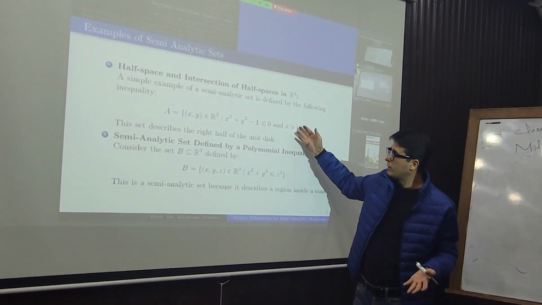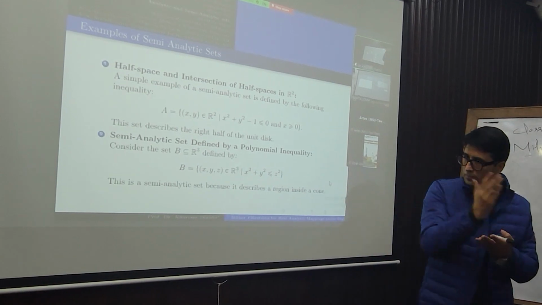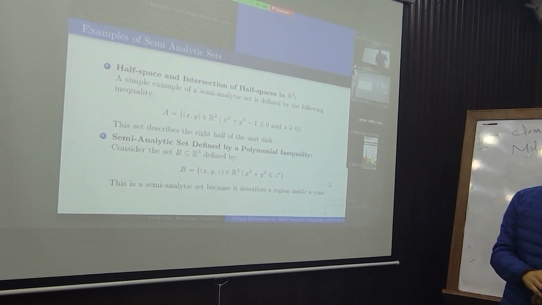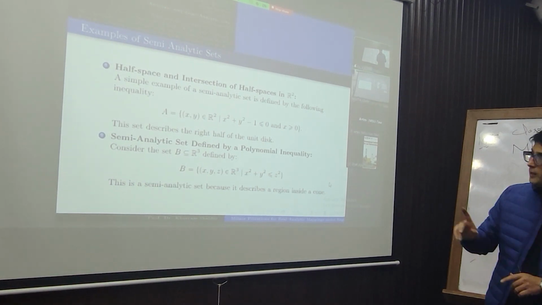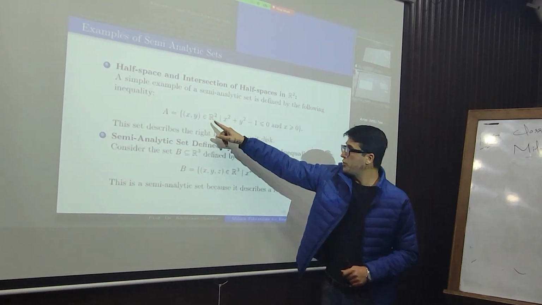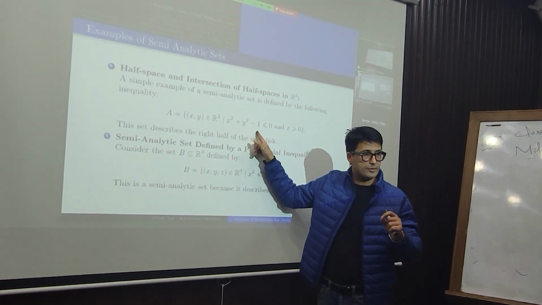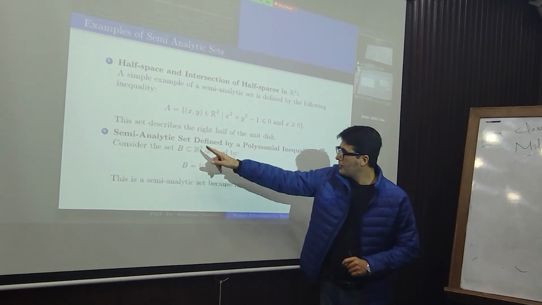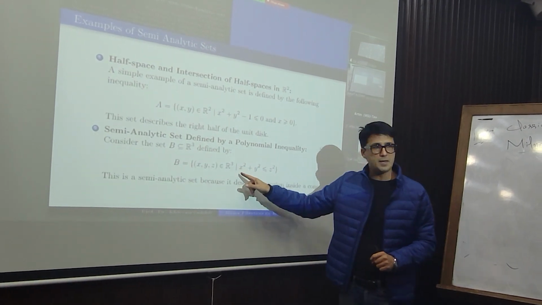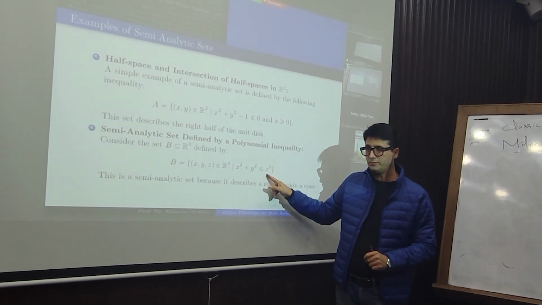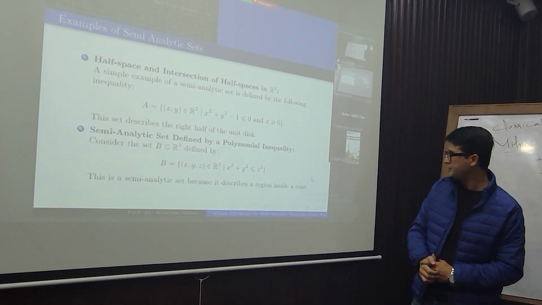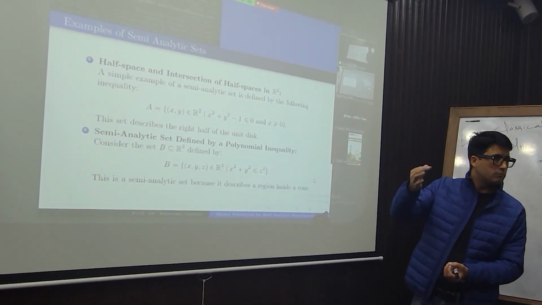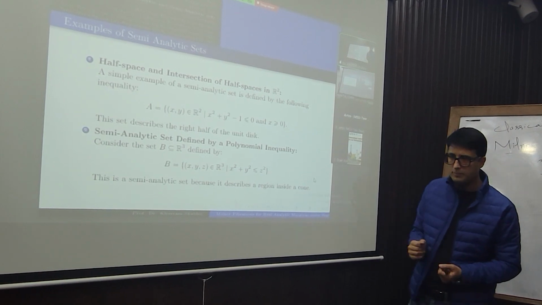So what is this part? This is just a half unit disk, right? This is an example of a semi-analytic set, because here you are looking for the solutions of inequalities, not the solutions of equations. And similarly, this is another example, right? This is nothing but the inside region of the cone. This is an example of a semi-analytic set.